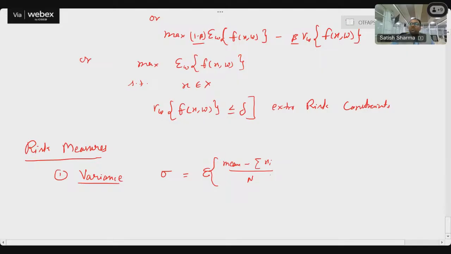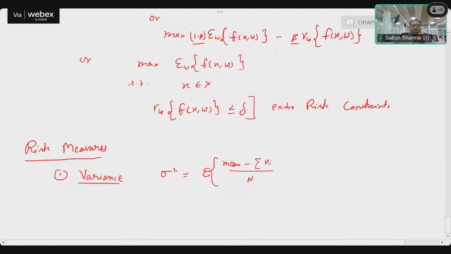Yes, it should be sigma squared. Standard deviation is sigma, and variance is sigma squared only. So this is variance I'm naming, and you can call it sigma squared. Doesn't matter.